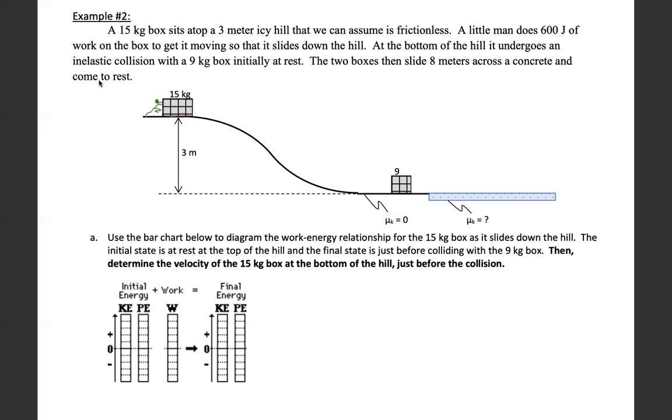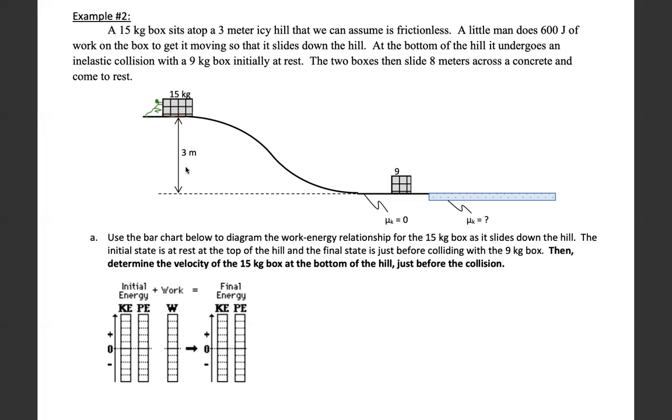So we have this mass here that's 15 kilograms, and we give it a push. That push is some positive non-conservative work that puts 600 joules of energy into the system. We do 600 joules of work to get 600 joules of kinetic energy that starts it moving.